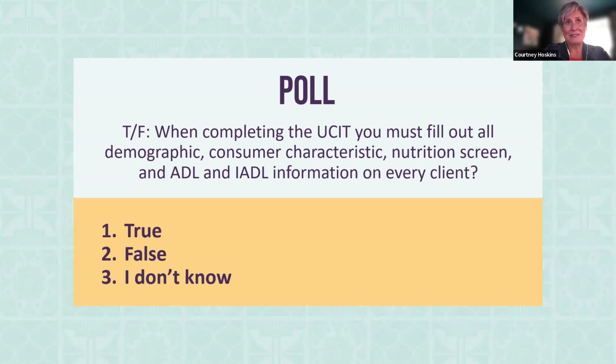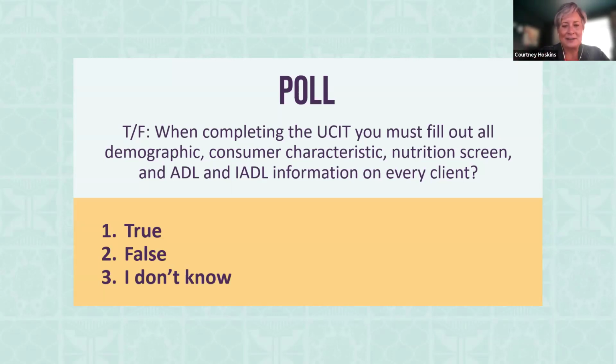Yep, I apologize. That was a trick question that I built in there, just to remind you all to remember the clusters. We're only talking about clusters 2 and 3 today. Cluster 2 are the services that we talked about a few minutes ago, and cluster 3 are like transportation, information assistance, and congregate meals.